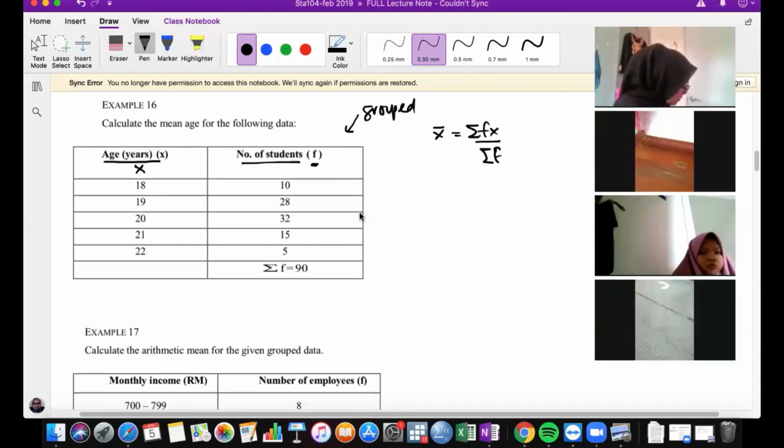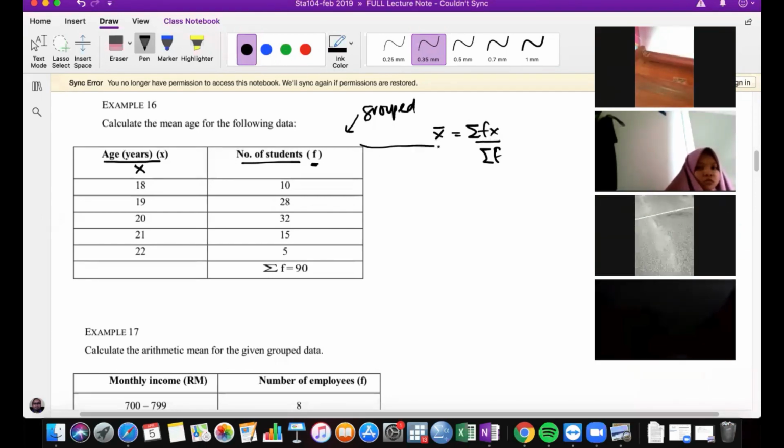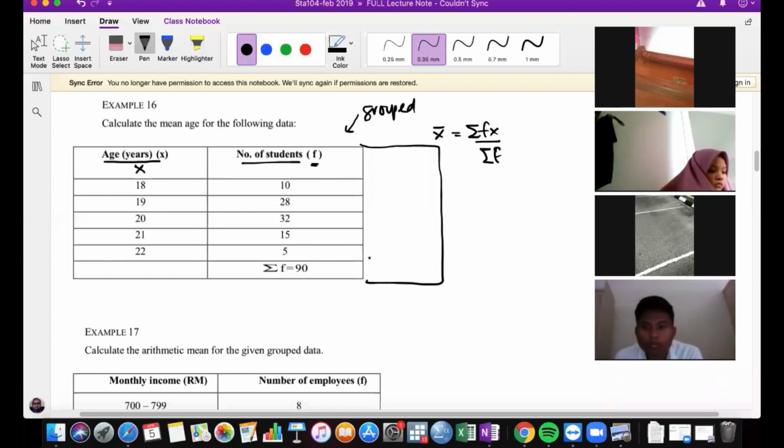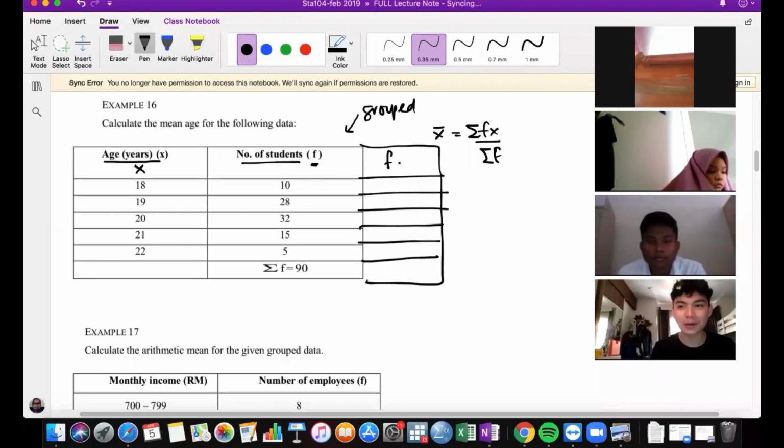So we have the value of x and we also have the value of f. The formula asks us to find the summation of fx, so we need to create another column, which is fx. We need to multiply f and x.